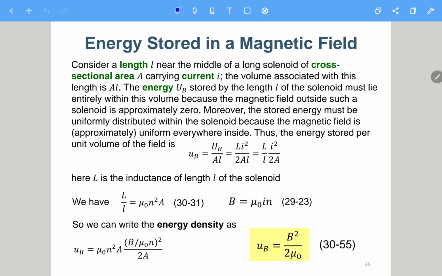Okay, so next we talk about the energy stored in the magnetic field again. We will have something called the energy density, just like what we have for chapter 25. We have energy density in the electric field.